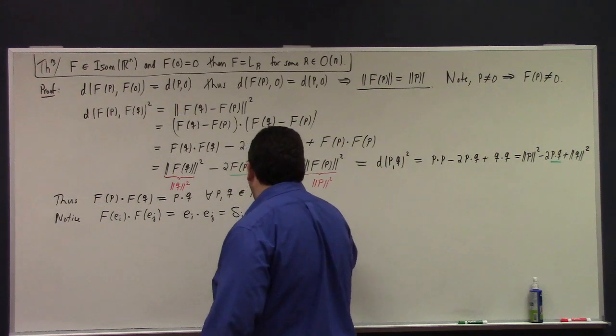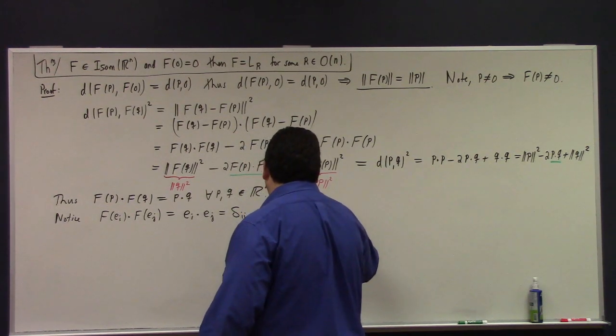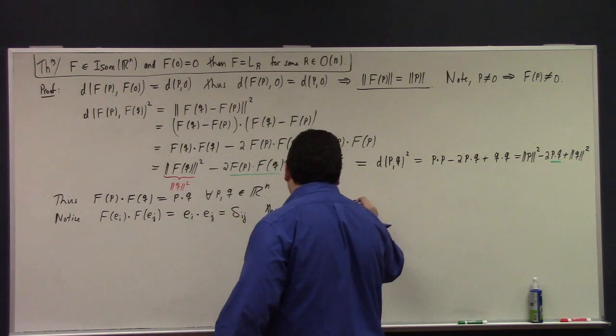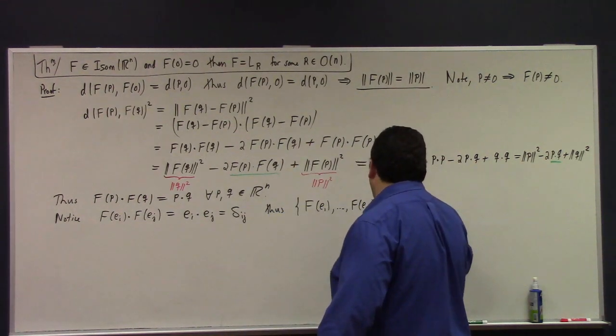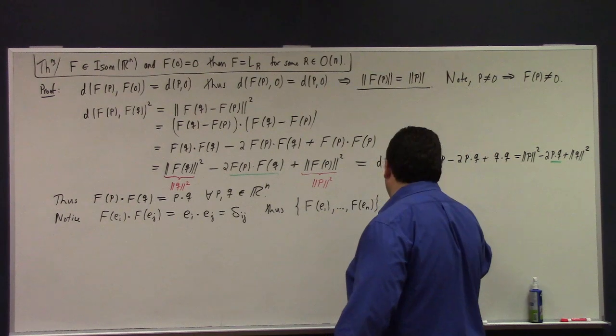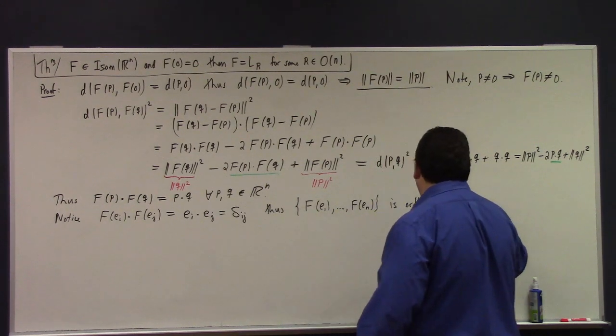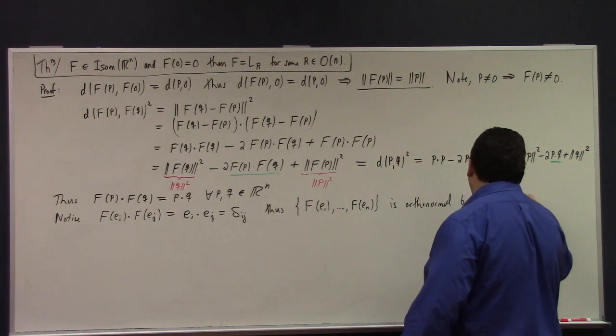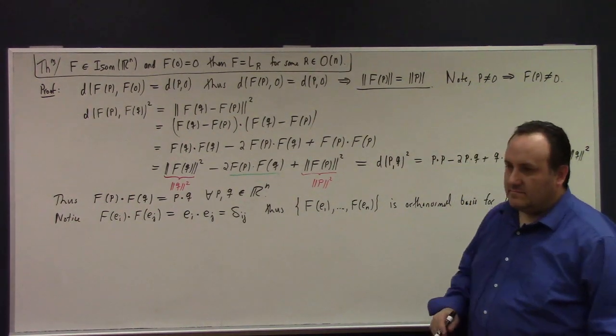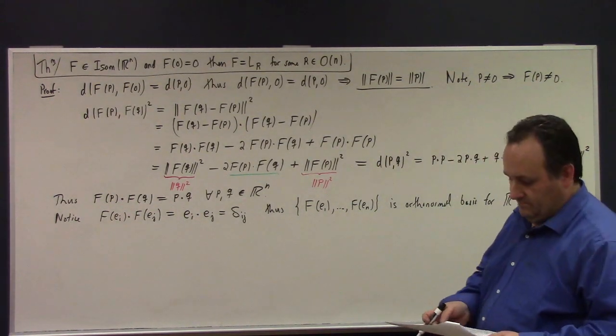Thus, f of e1 through f of en is an orthonormal basis for Rn. That's nice, right? It's a basis.